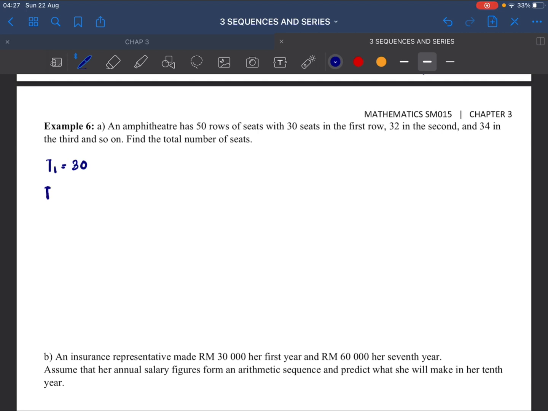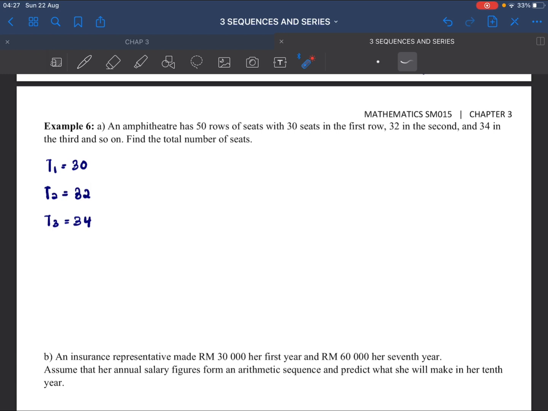The second row is 32, and the third row is 34. Kamu nampak dekat sini dia bertambah. Plus 2, plus 2, plus 2. So we know that this is arithmetic.